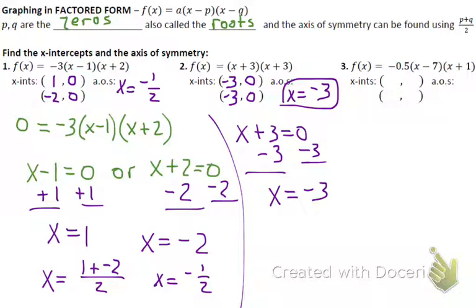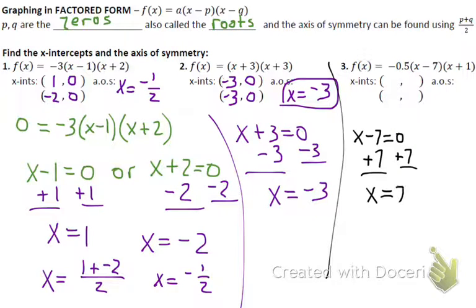0. If we set each of these equal to 0 on number 3, we'll have x minus 7 equals 0. You can add 7 and you'll see the 7. So we have an x-intercept at 7, 0. If you let x plus 1 equal 0 and solve that, you get negative 1 as the other root, or zero, or x-intercept.